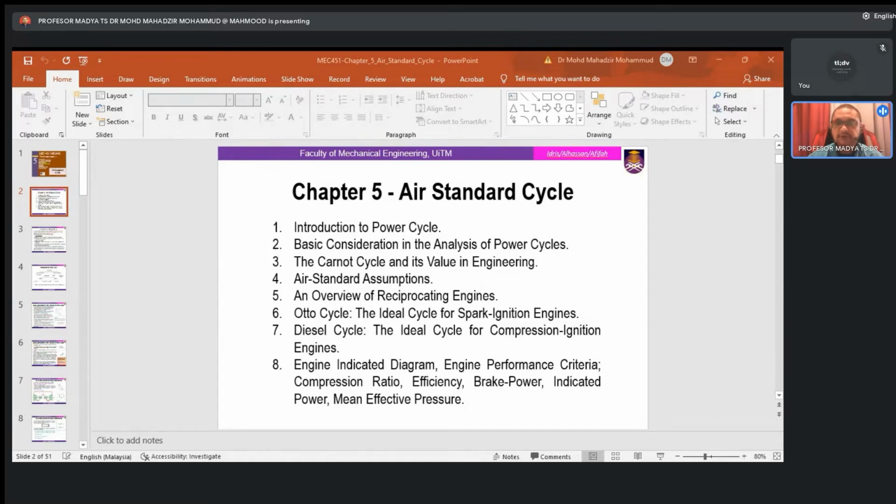You should also be able to solve problems based on the Otto cycles, and determine the engine performance criteria. This part has 3 objectives, so you must be able to determine or know all these 3 objectives.